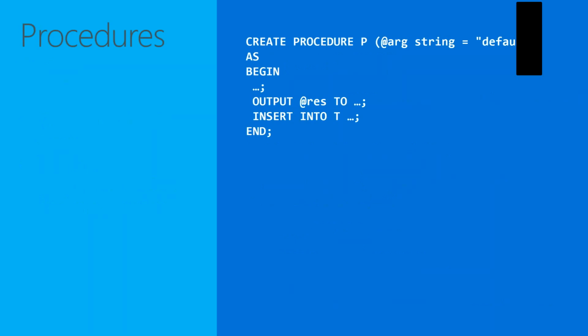Now, procedures are similar to table-valued functions with two major differences. One, they do not return anything. Instead, you use them if you need to output a result either into a file or into a table.